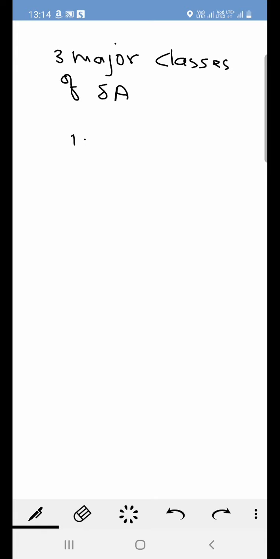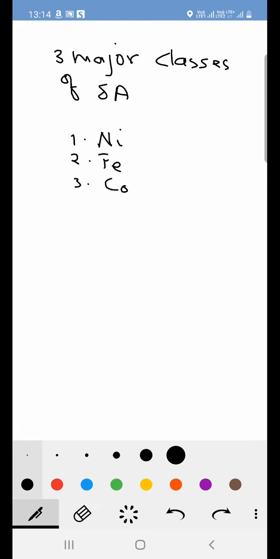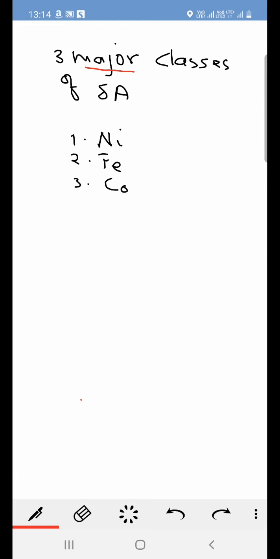One is nickel-based superalloy, the second one is iron-based superalloy, and the third one is cobalt-based superalloy. So these are the three major classes of superalloy.